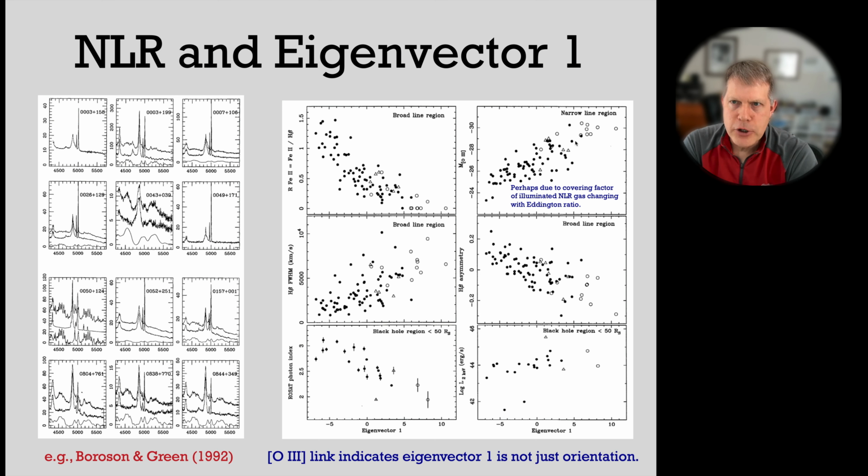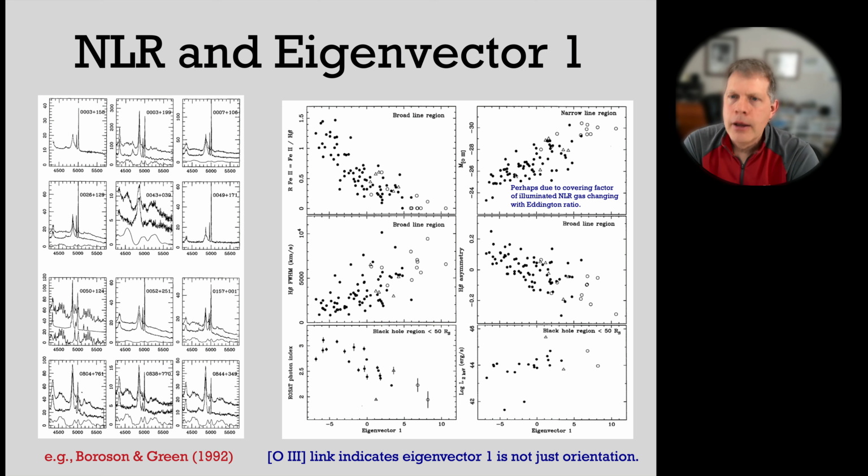So this is a set of nearby quasars, redshift less than a half, and the fact that O3 links to eigenvector 1 is an immediate strong argument that at least much of this eigenvector behavior is not simply orientation of the system, that much of this behavior is indeed a fundamental property of quasars in general, indicating there's structure to these quasars, as I discussed in more detail in the lecture on the broad line region.